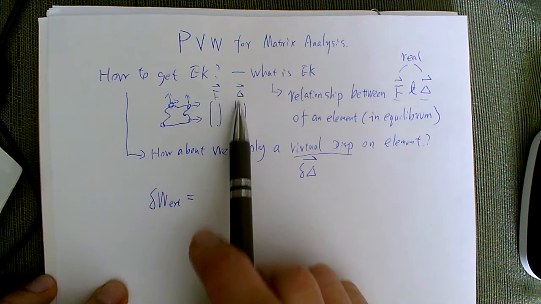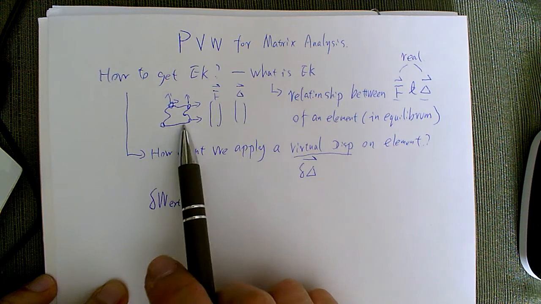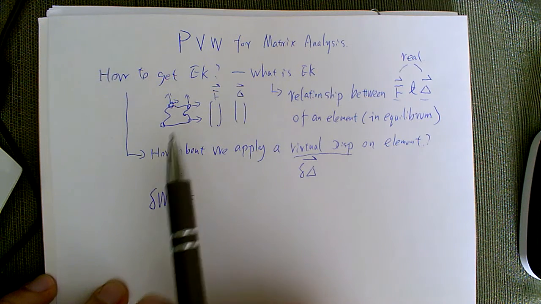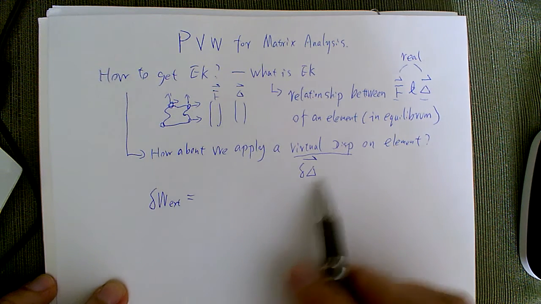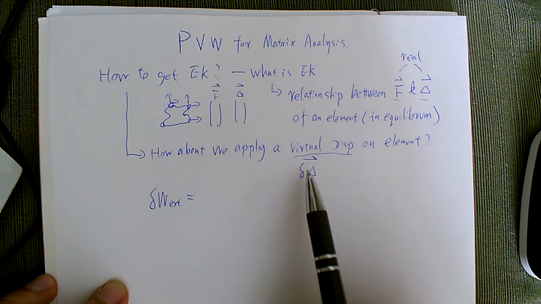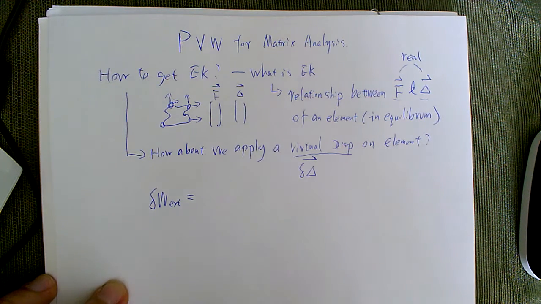Because any number in the displacement vector works. There's nothing restraining it from doing anything. So the virtual displacement can be anything, and the only external forces that do virtual work are the nodal forces.